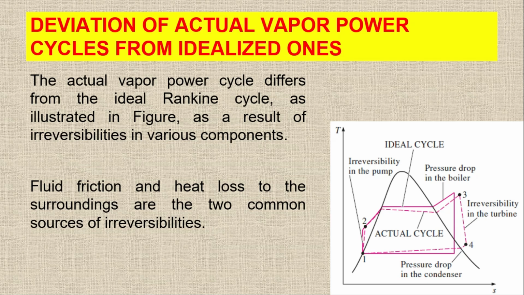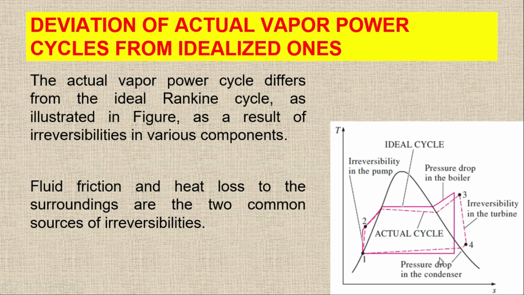So we have the first source, which is the fluid friction, which creates the pressure drops. Secondly, we have another major source of irreversibilities, and this source is basically the heat transfer, or heat loss from the steam to the surroundings. As the steam flows through various components, you can see here, in this region we have the steam in the boiler, then we have the turbine, and we are again dealing with the steam.